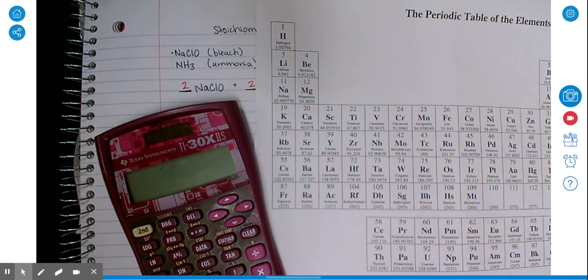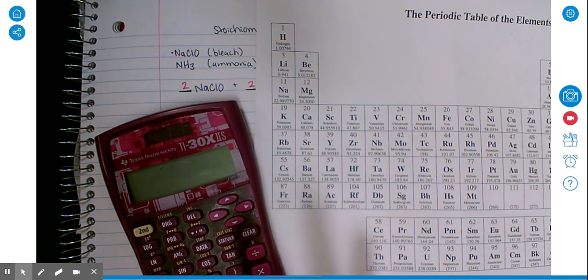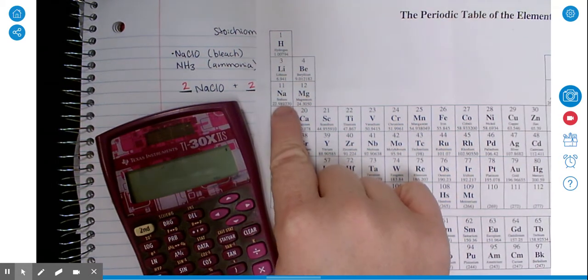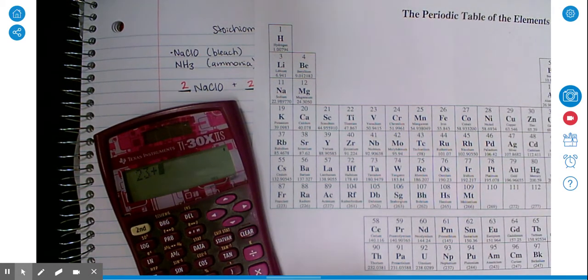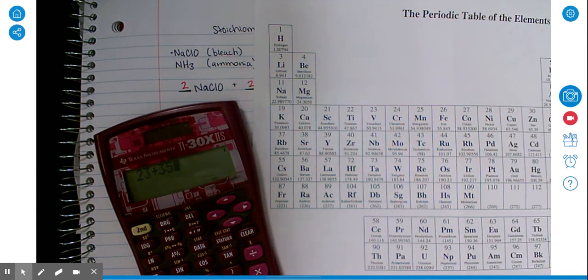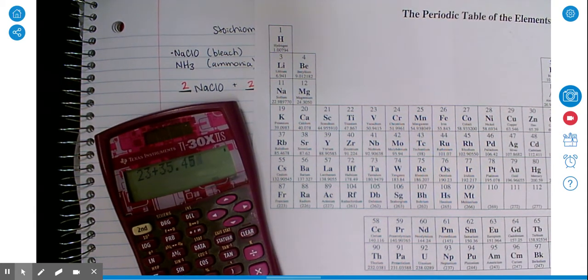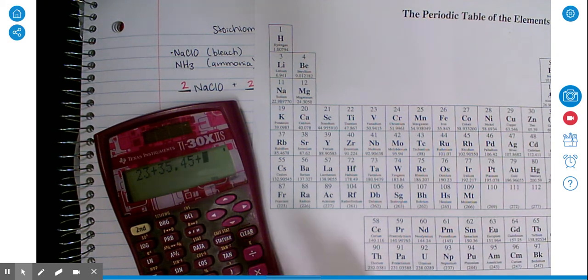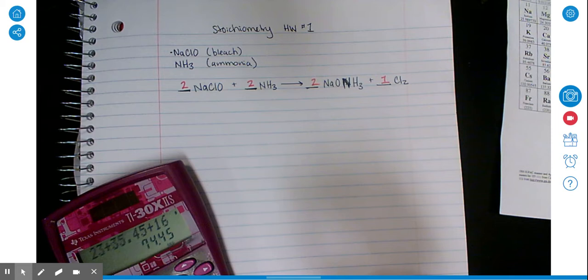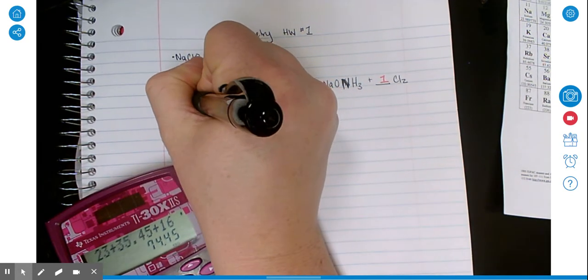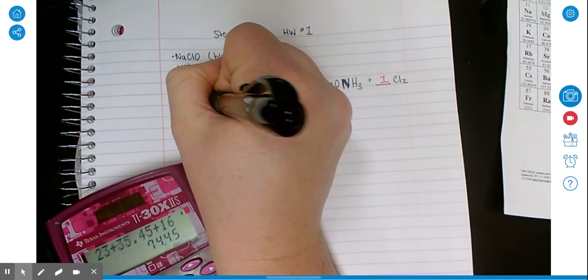Na is 22.98, which we can round up to 23, plus chlorine is 35.45, plus oxygen is 15.9 or 16. So NaClO has a formula mass of 74.45.